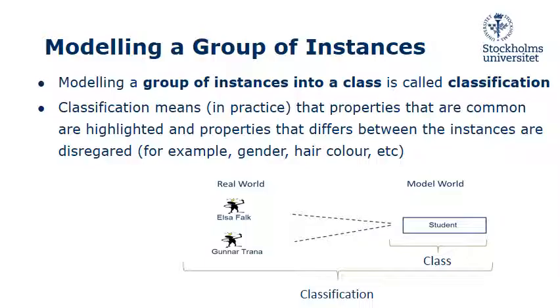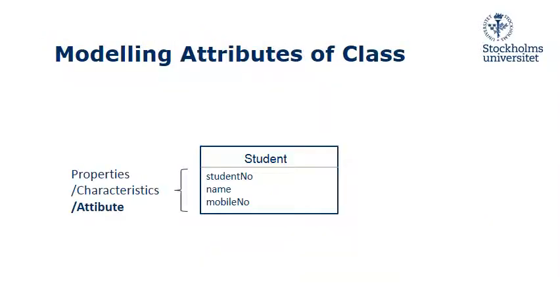So in this case, we're focusing on that both these are students, and we, for example, disregard that they are different genders, and so on. We have now created a class by using the procedure classification.